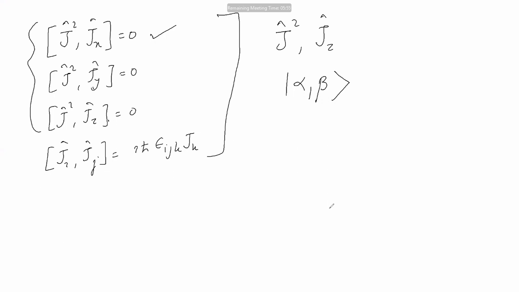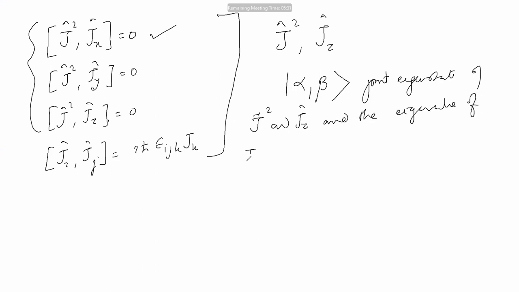Therefore, alpha beta is the joint eigenstate of J square and Jz, and the eigenvalue of J square is alpha h cross square and of Jz is beta h cross.